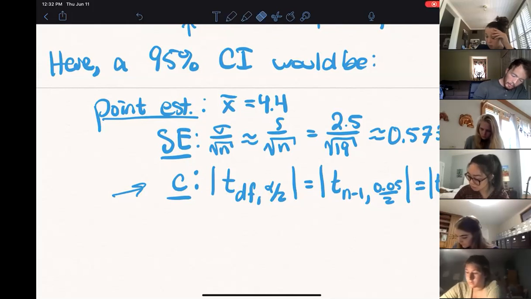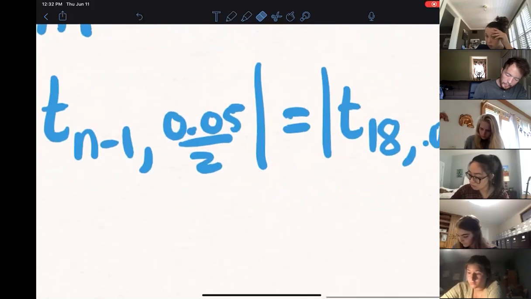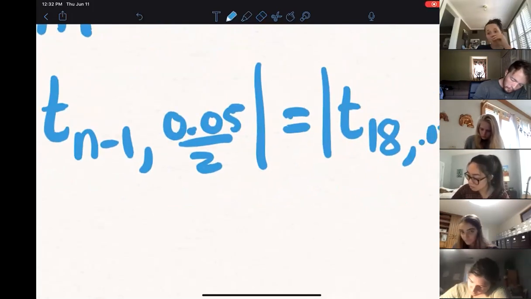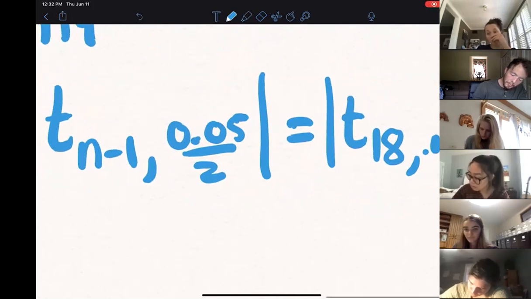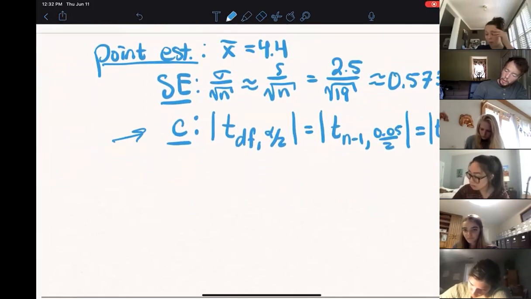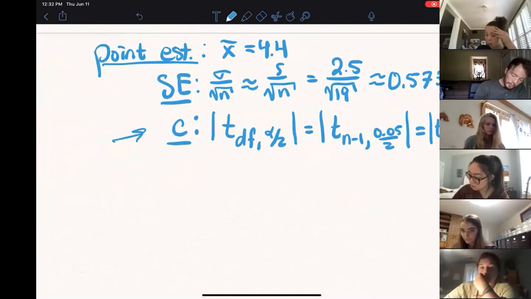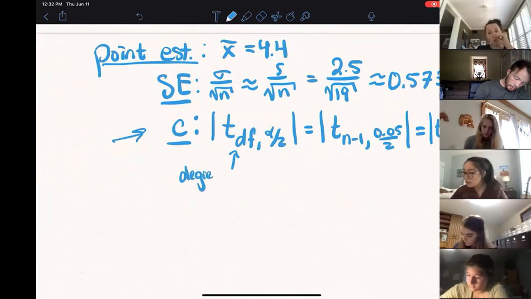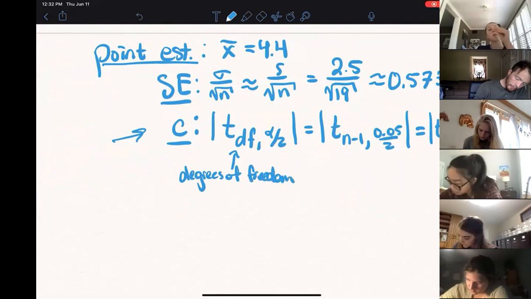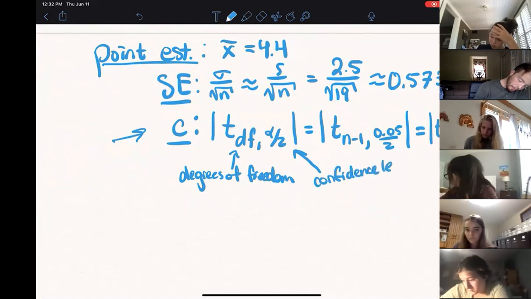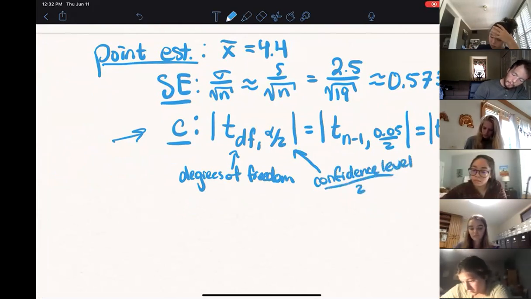Ooh, that is not clear. Let me try to make that clearer. Might still not be clear, maybe a little bit more. Okay, so what is this? This is the degrees of freedom, right? And this is the confidence level divided by 2.